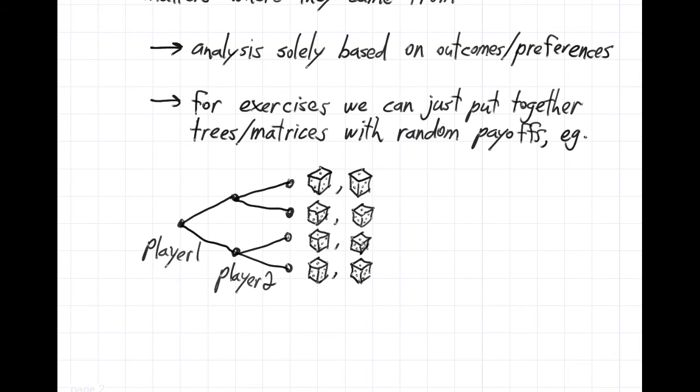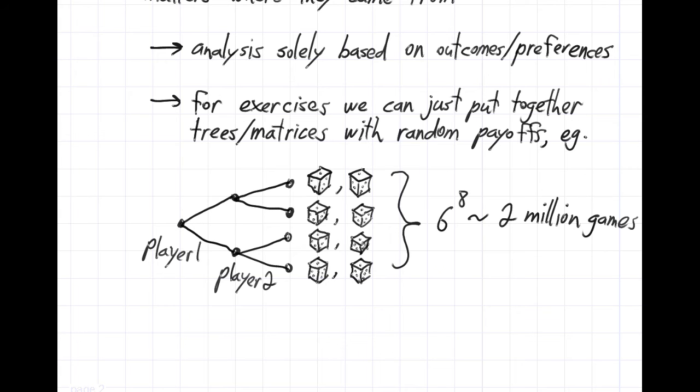We could roll dice for all of these 4 outcomes, which would mean we'd have to roll 8 dice. Each of them can take on a value of 1 to 6. So just by doing this, we could create 6 to the power of 8, which is about 2 million games.